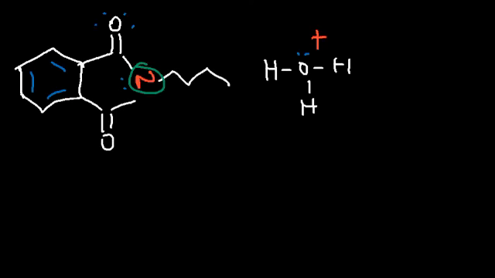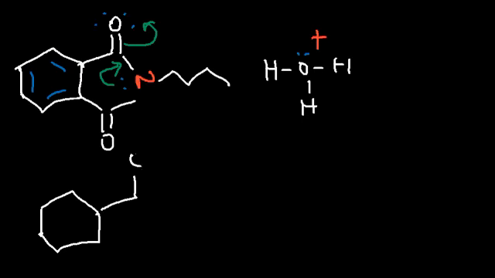The lone pair of the nitrogen is busy resonating with the carbonyl group, so it's not available to grab a hydrogen. If we draw the resonance form, notice that the oxygen now bears the negative charge, and the nitrogen bears a positive formal charge.